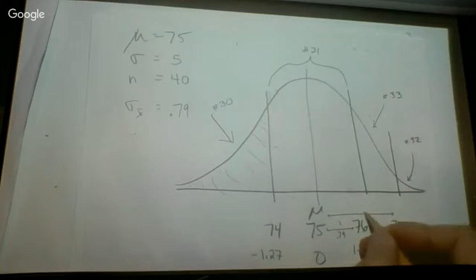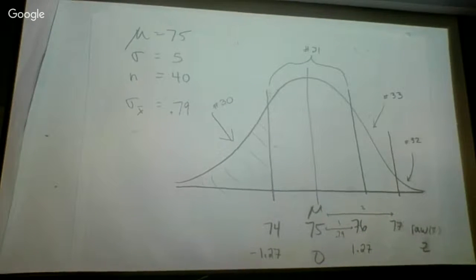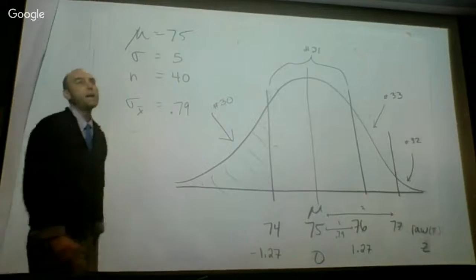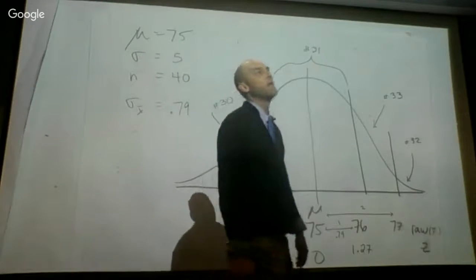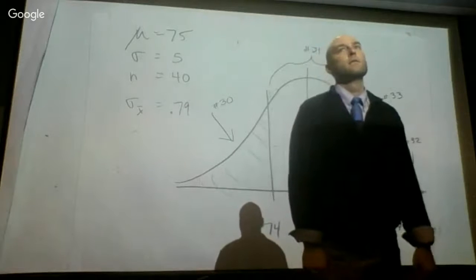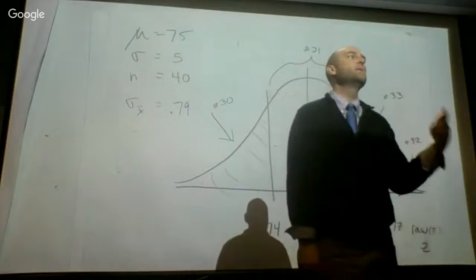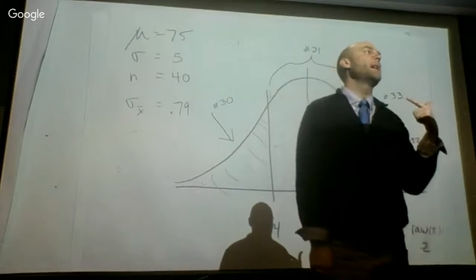If I double my sampling error from 1 to 2, and z-score is sampling error over standard error, and I double the numerator of my fraction, what happens to my z-score? I've changed my sampling error from 1 to 2. I've doubled my sampling error. What do you suppose happens to my z-score?